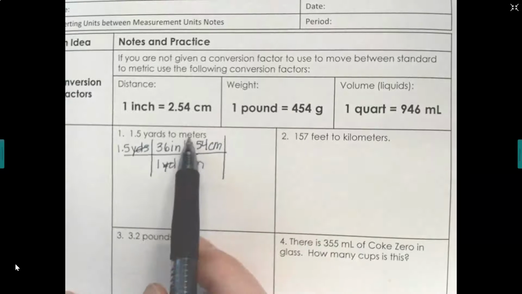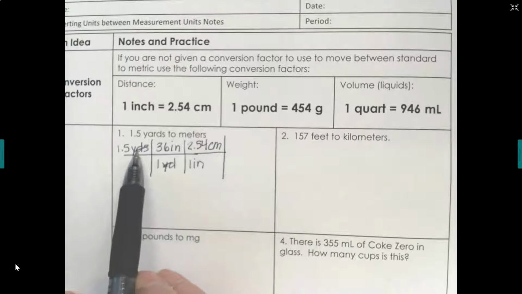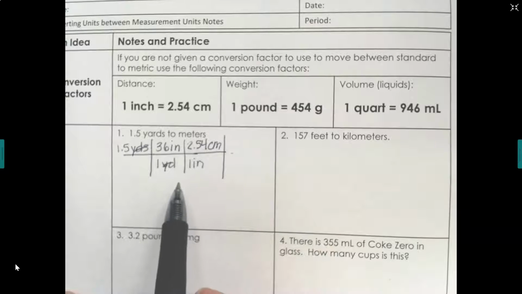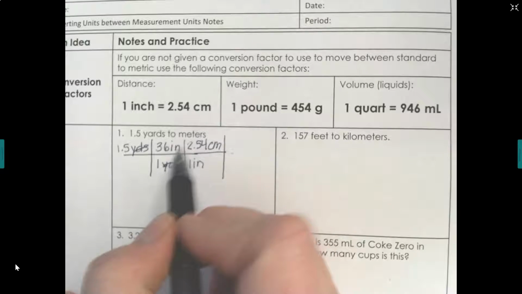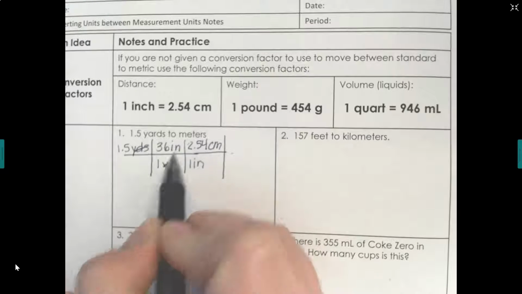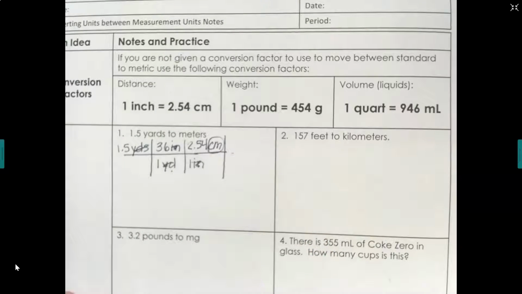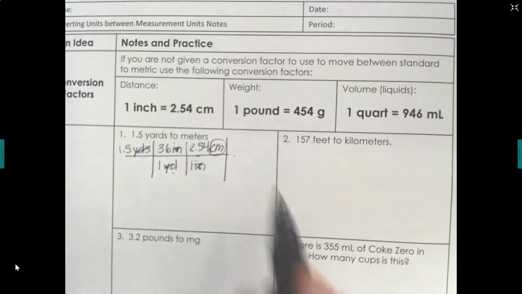Now I want to get into meters. So let's go ahead and get our answer in centimeters, and then we'll move the decimal in our traditional metric to metric conversion, and that will probably be the fastest way. So we've converted yards and got rid of yards, inches, got rid of inches. We're in centimeters, which isn't quite our final form of meters, but we'll get there.